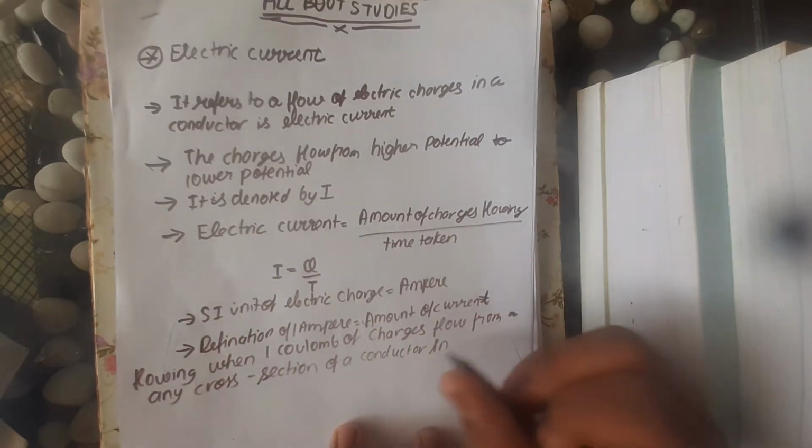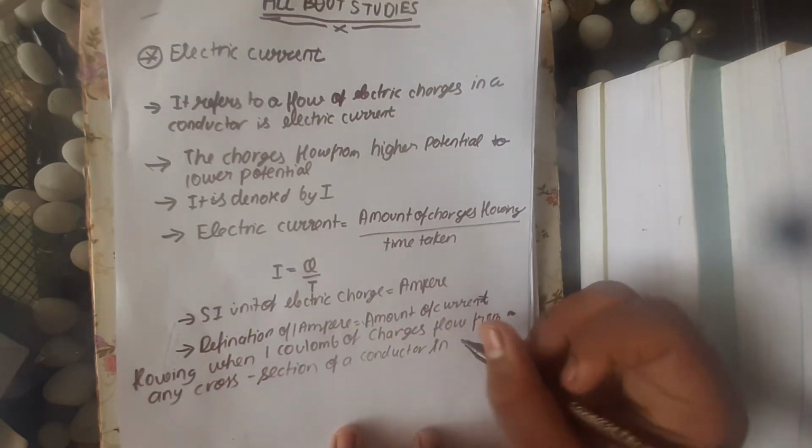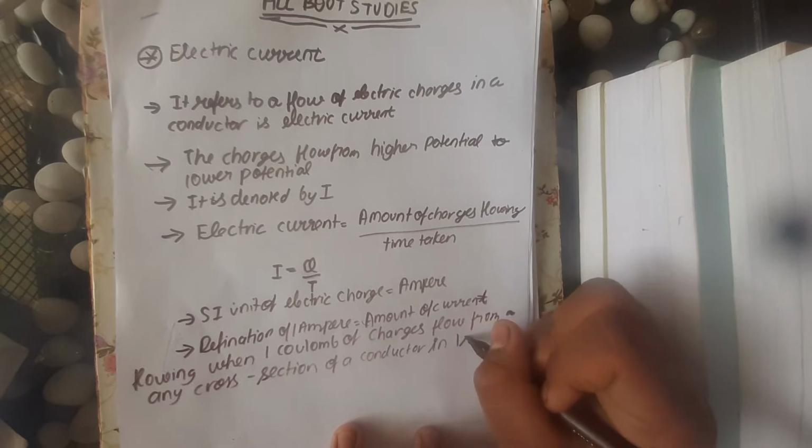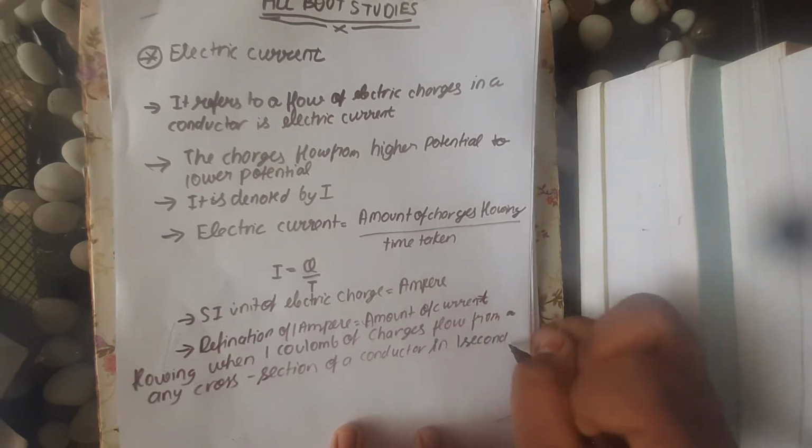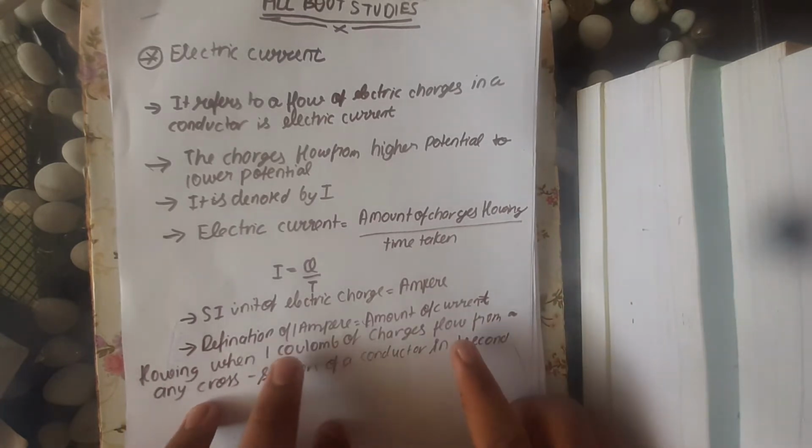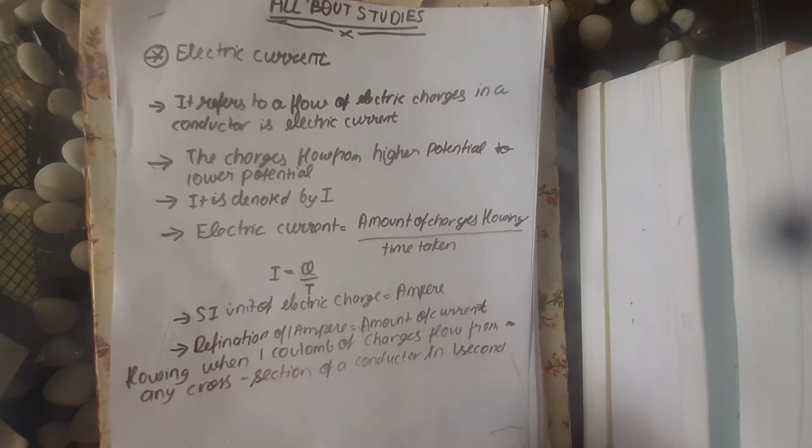So you have to bear in mind, in 1 second. There might be a possibility that CBSE may ask this question, or even in your internal exams, that define 1 ampere of current.